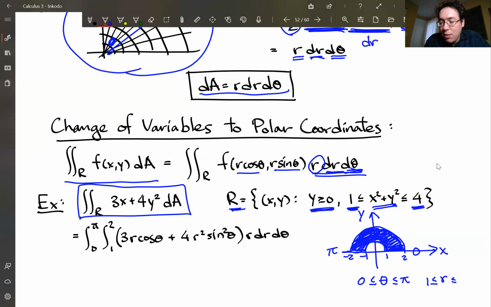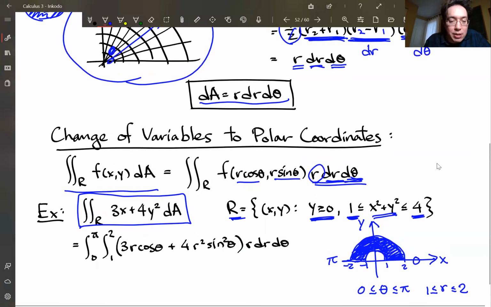Regions that have circles in them, and maybe some kind of rotational symmetry, are a hint that you might have an easier time integrating in polar coordinates. Anyways, let's continue with this integration.